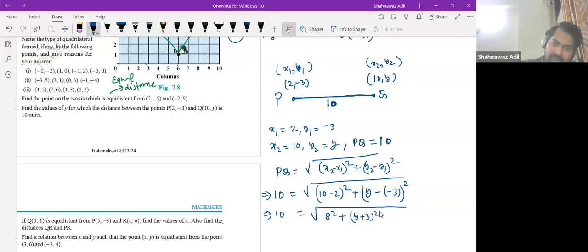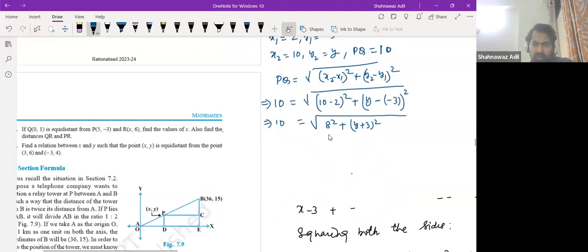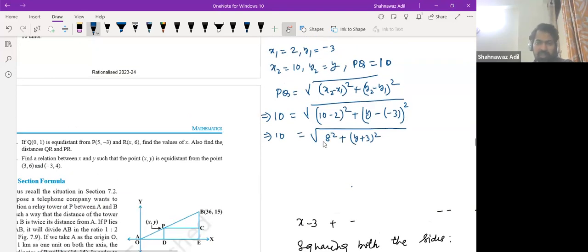So how do you solve this root? What do you do with this root so that it disappears? You square on both the sides, right?